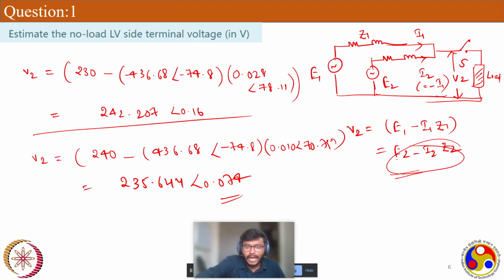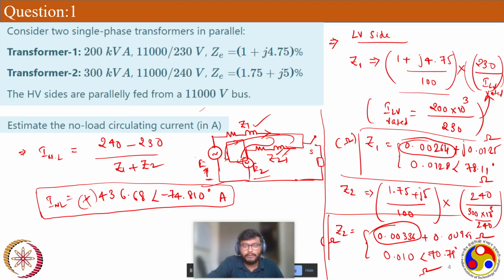So we will have a look at the problem which we solved. We were given transformers 1 and 2 with different ratings and the same voltage ratings, with a slight mismatch in the secondary LV side voltage, which causes circulating currents. We were asked to find the no load circulating current when these two are connected in parallel.